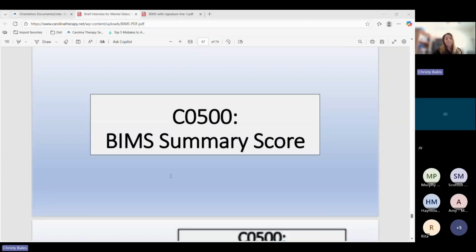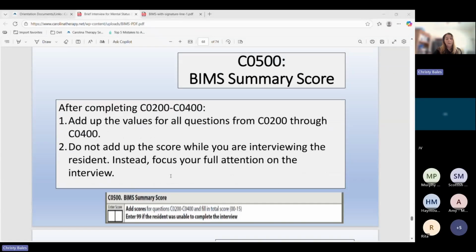So, all right, here's the summary. We're almost done. So C0500, BIMS summary score: after completing C0200 to C0400, you add up the values. Do not add up the score while you're interviewing with the resident. Instead, focus your full attention on the interview. Part of that is, like we talked about, the calendar days.